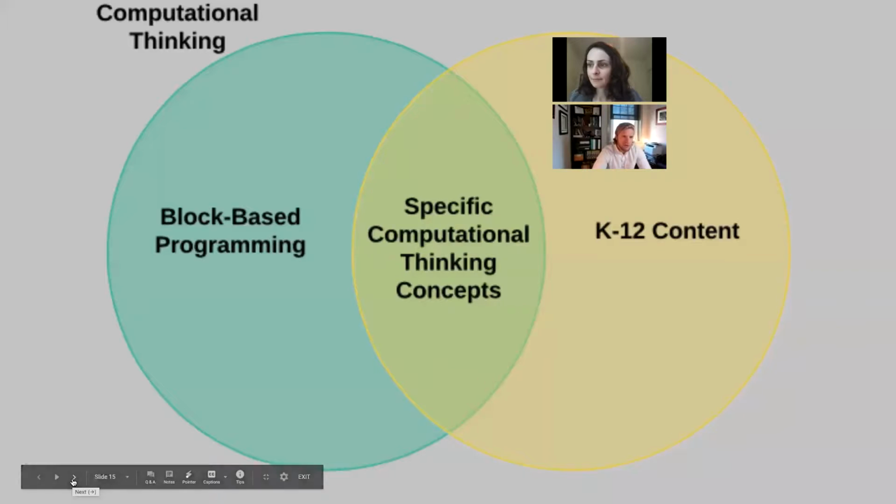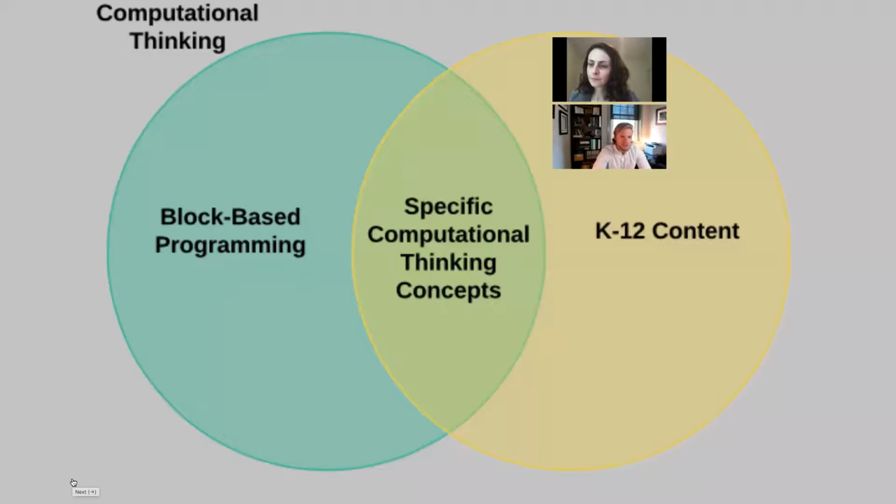Yeah. And so this is kind of how I rationalize or visualize it in my head when I'm creating activities, and when I have my in-service and pre-service teachers create their activities for their classroom. They'll think about that standard, that content that they're teaching, any K through 12 content. They'll think about a block-based programming activity possibly that they want to teach. And then they think about the computational thinking concepts that are inherent in the programming language.